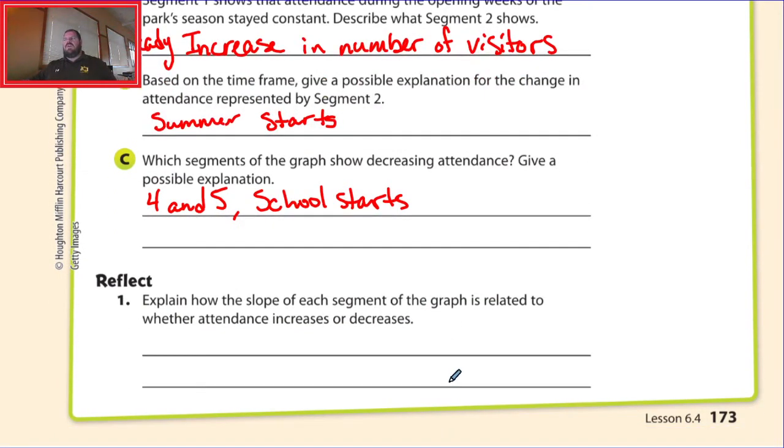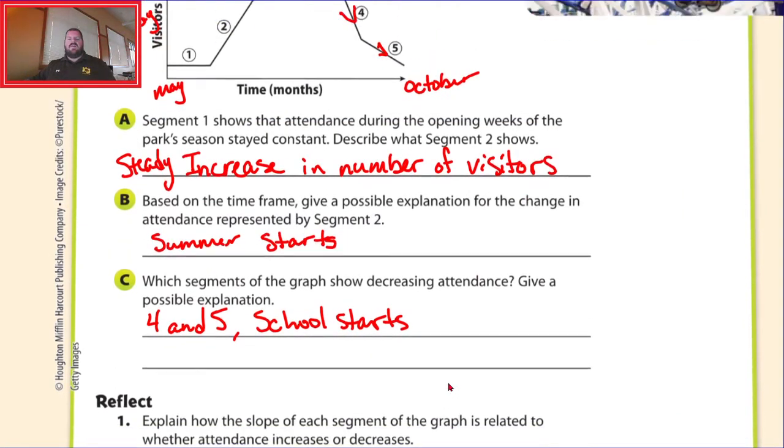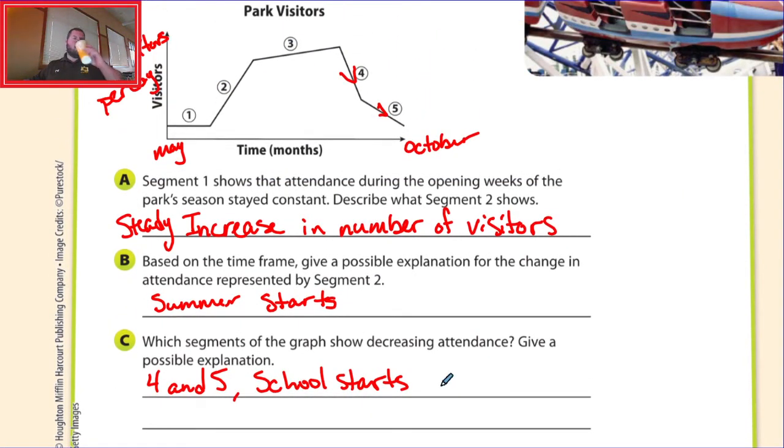Explain how the slope of each segment of the graph is related to whether attendance increases or decreases. So looking at slope, in segment 1 we have no slope. It's a 0 slope, and it's not going anywhere. Segments 2 and 3 are increasing, meaning they have a positive slope.